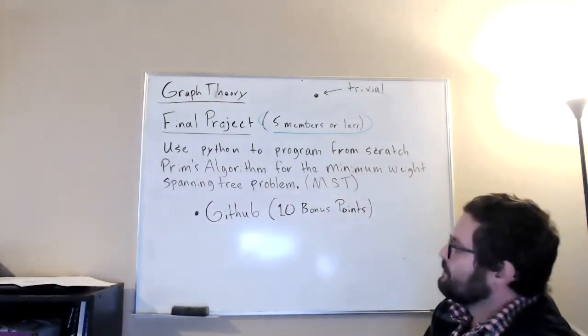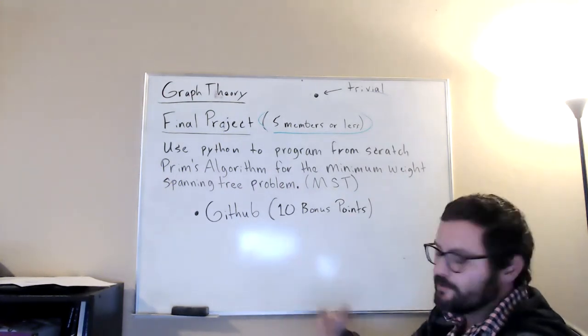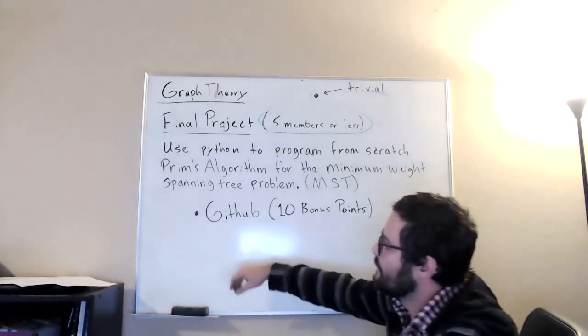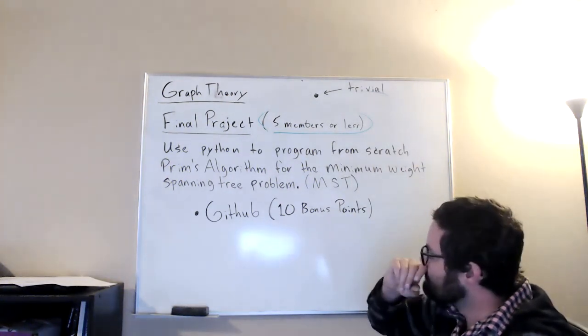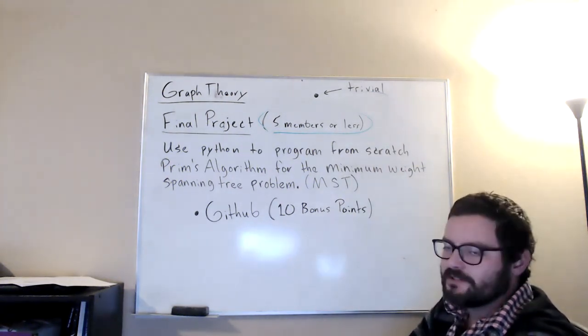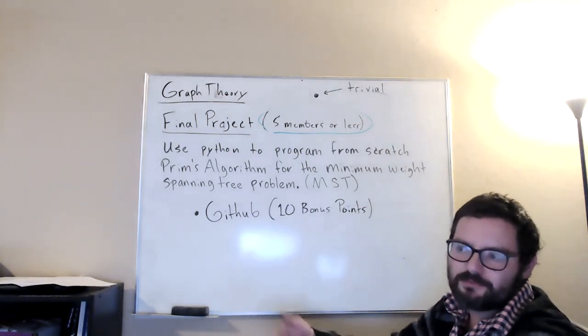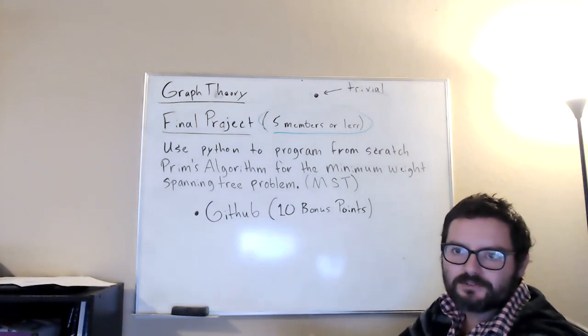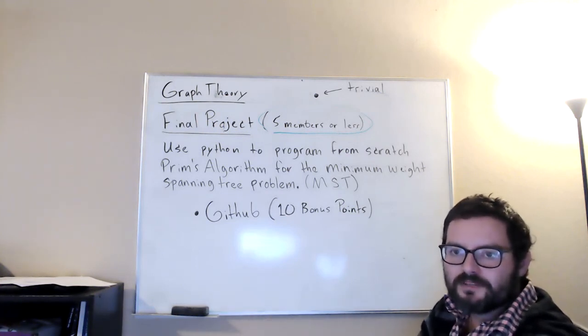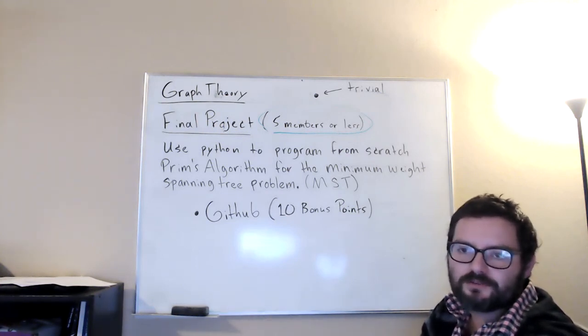So if you don't know what GitHub is, have one of your members or all of you look it up. Each of you is going to have to make an account if you want the full bonus points. You make a GitHub account, and that's where you'll store your projects so that you can work remotely and send versions to each other. Yes, you can have a member from another class, but just don't exceed 5 members per group.